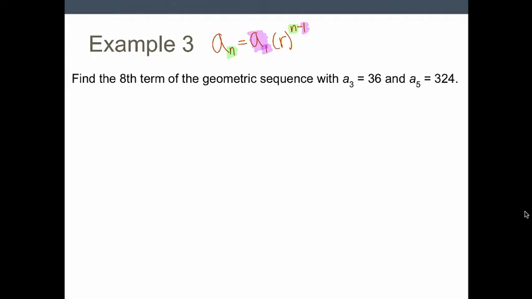That is why I subtract 1 from n in the exponent. So if I don't have the first term like I do in this example, I can plug in any term number I want, and what that will do is it'll alter this formula to where I'll be subtracting whatever term number it is I plug in. And we're going to use that to find r in this problem.